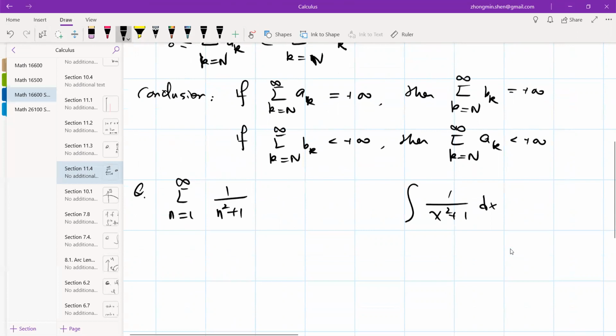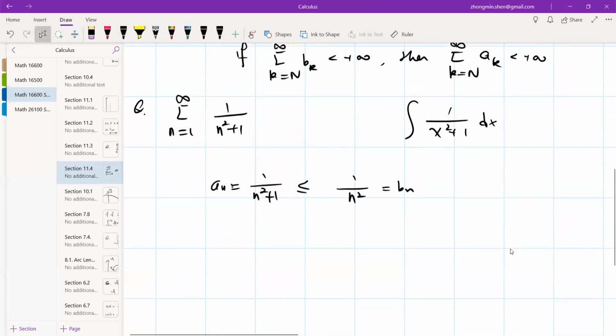That's fine. You can use the integral test to check its convergence, but you can also use the comparison test, because this looks almost like 1 over n squared, right? So this is a_n, and it's going to be less than or equal to 1 over n squared, which is b_n, right? But b_n is easy to handle. We already know whether it's convergent or not.